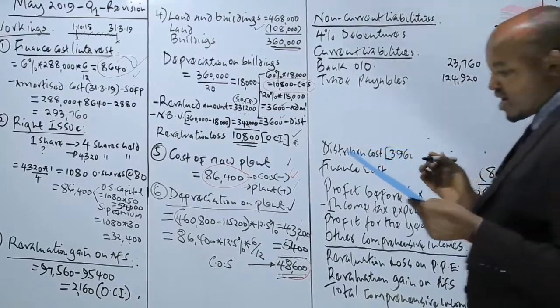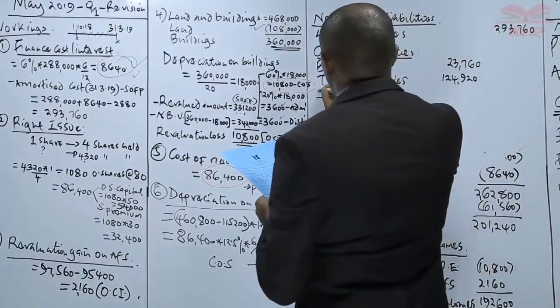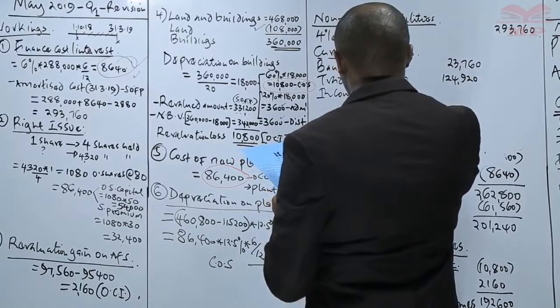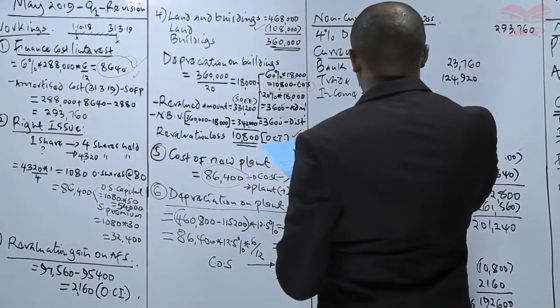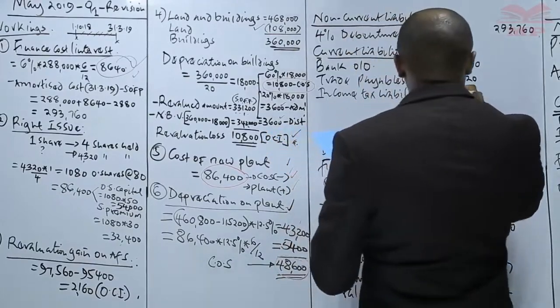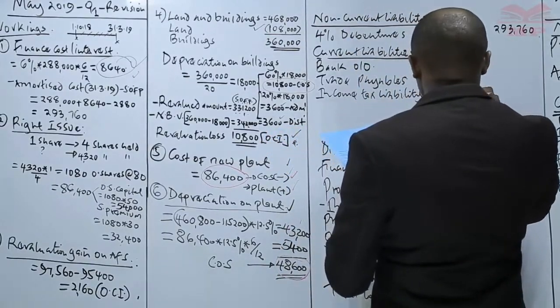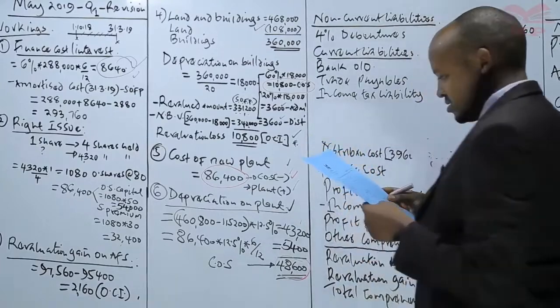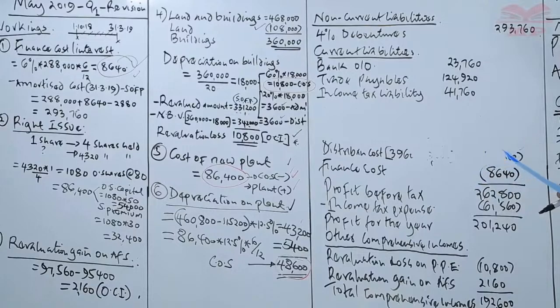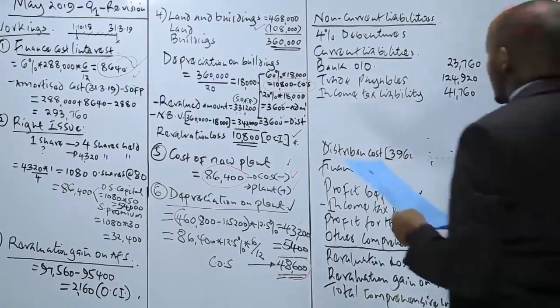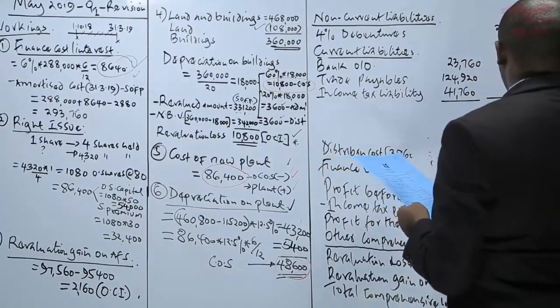And then above that we have income tax liability. When we talk about the income tax liability, this is the income tax which the company had not paid at the end of the year, which is 41,760. Yes, and I think those are the only current liabilities which we have.